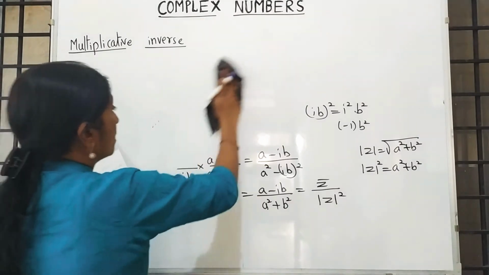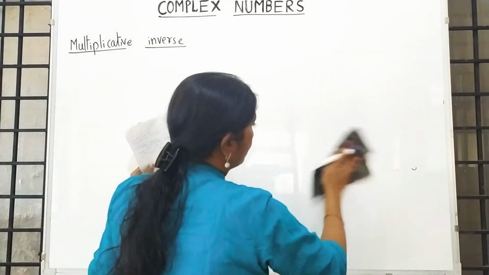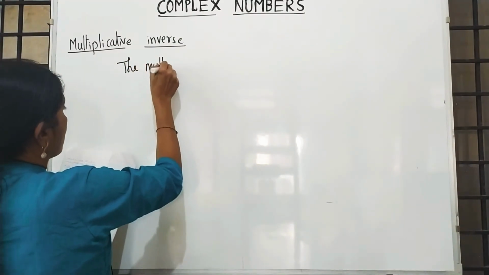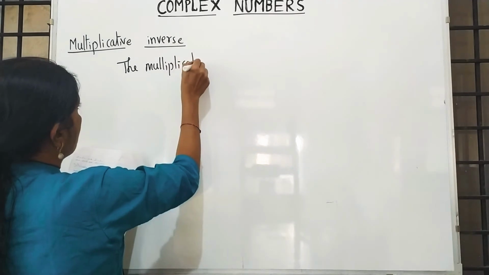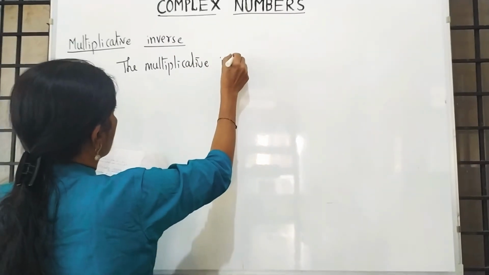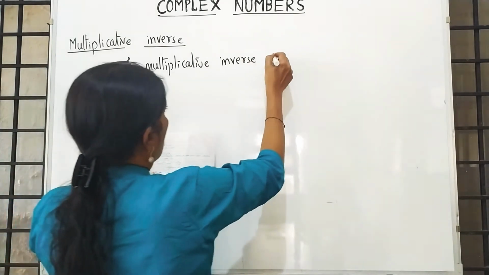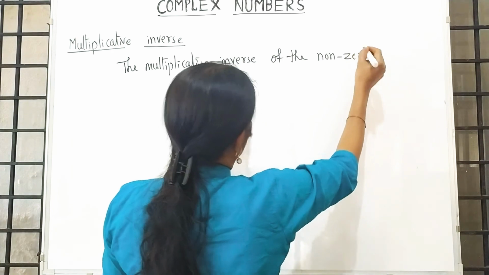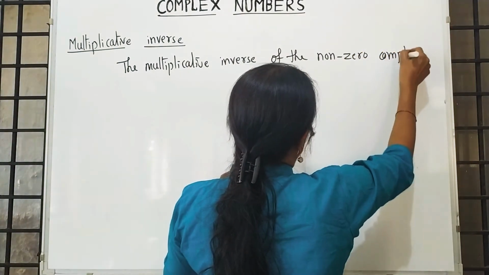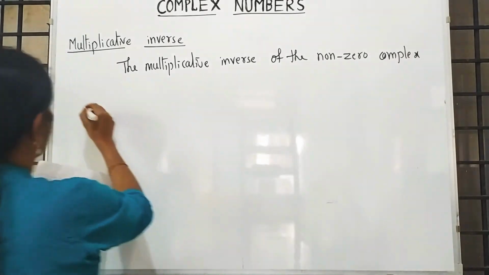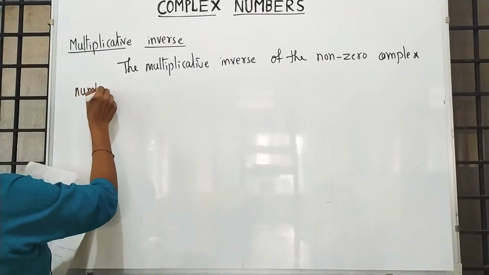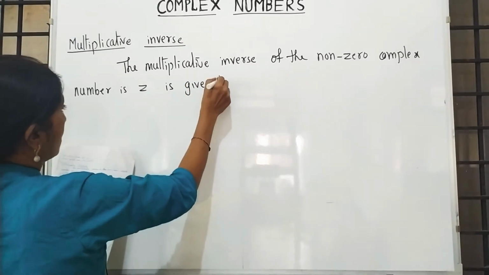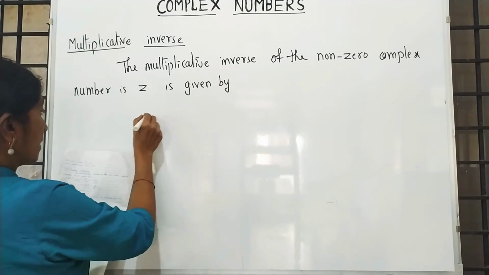Write down. The multiplicative inverse of the non-zero complex number z is given by z raised to minus 1.